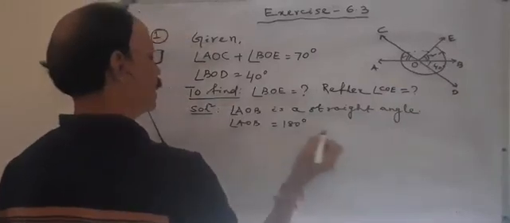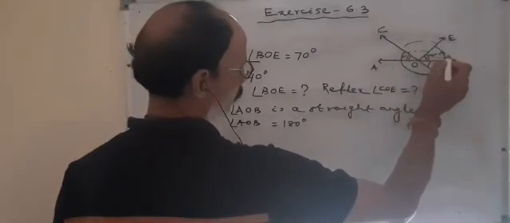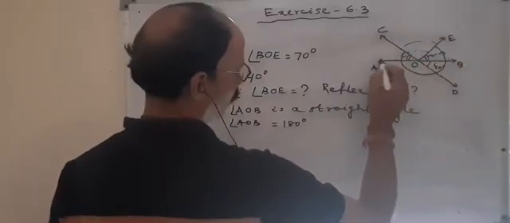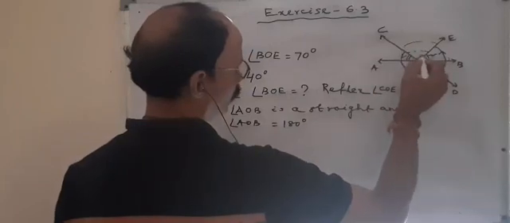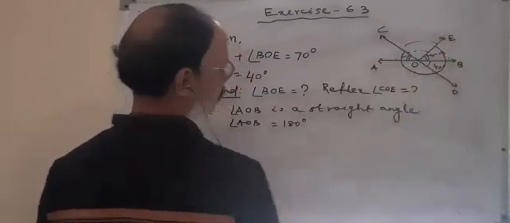So angle AOB equals 180 degrees. This bigger angle AOB is made up of three angles: angle COA plus angle COE plus angle EOB.